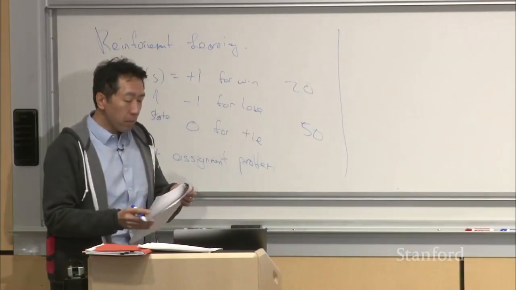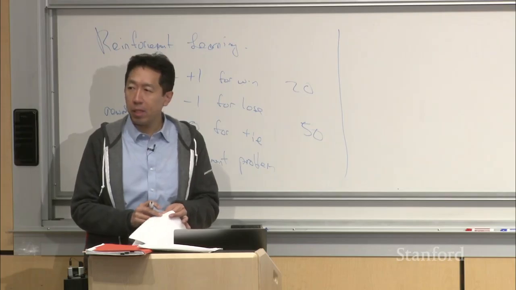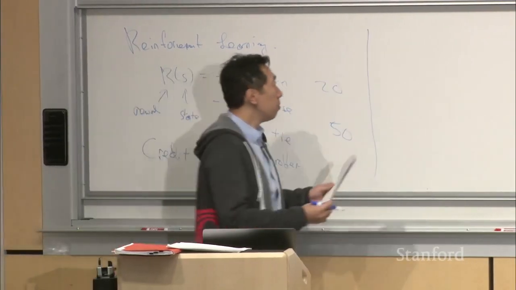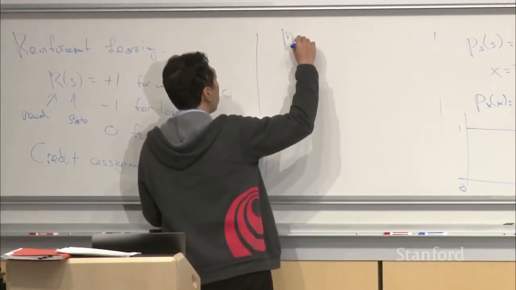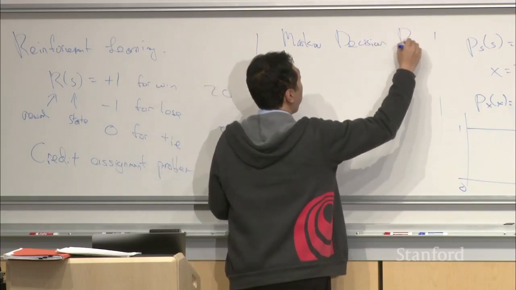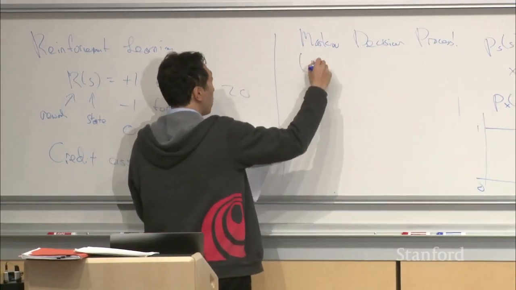Reinforcement learning problems like playing chess, flying helicopters, or building these various robots are modeled using the MDP, or Markov decision process, formalism.